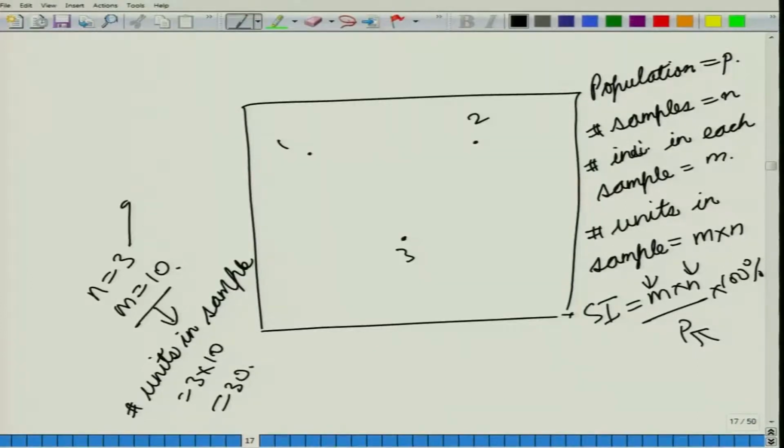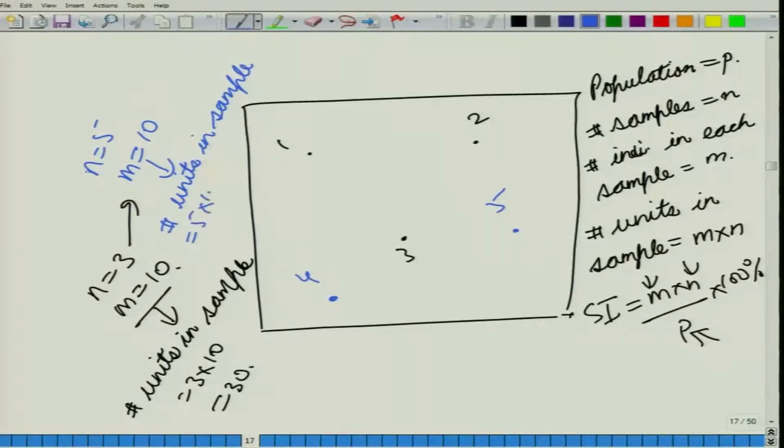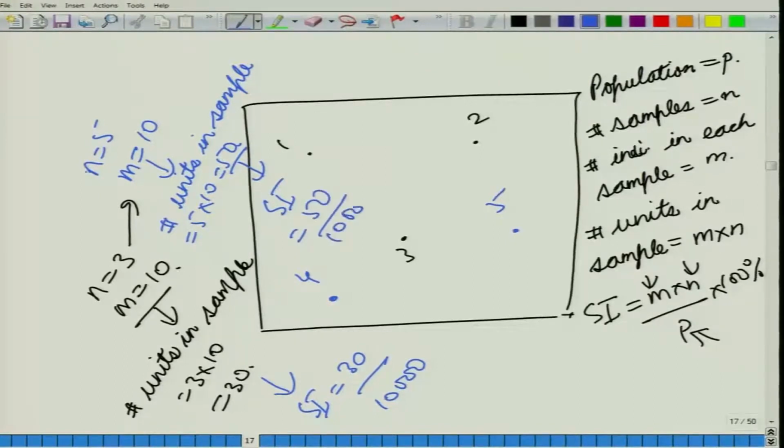Now, suppose we increased N, and in place of taking our 3 samples we took 2 other samples, 4 and 5. So, we have changed N is equal to 5, keeping M constant. So, the number of units in sample becomes 5 into 10 is 50. So, in this case the sampling intensity was 30 by 10,000. In this case our sampling intensity becomes 50 by 10,000.